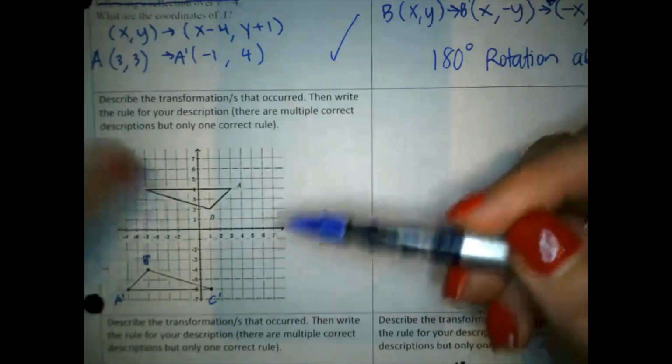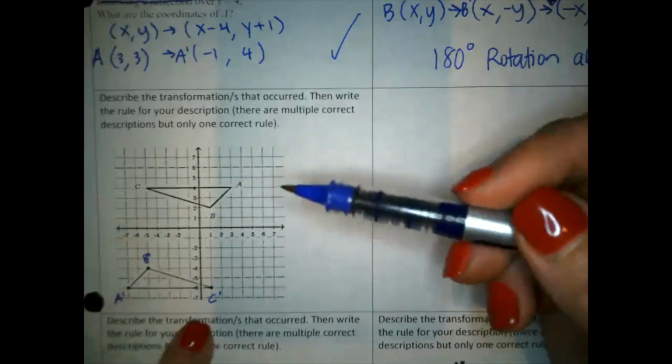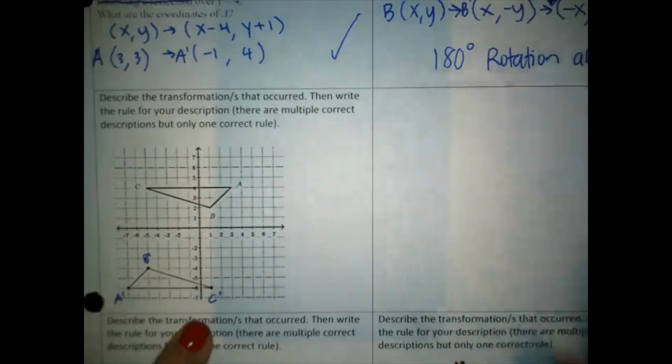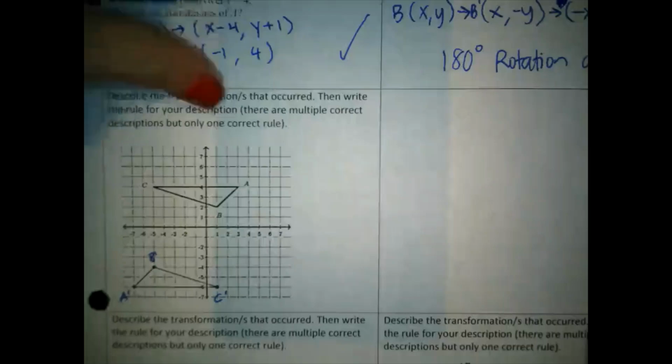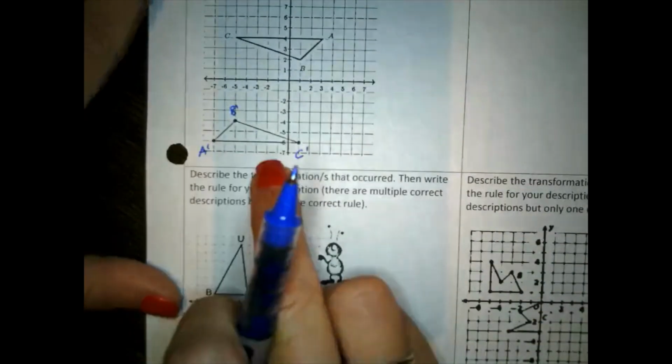So I'm thinking that this is more of a rotation that's occurring. If I think about turning my paper, if I do 90 degrees, not quite there. If I do 2 turns, which is 180 degrees, A is on the left, C is on the right, which is what I was wanting.